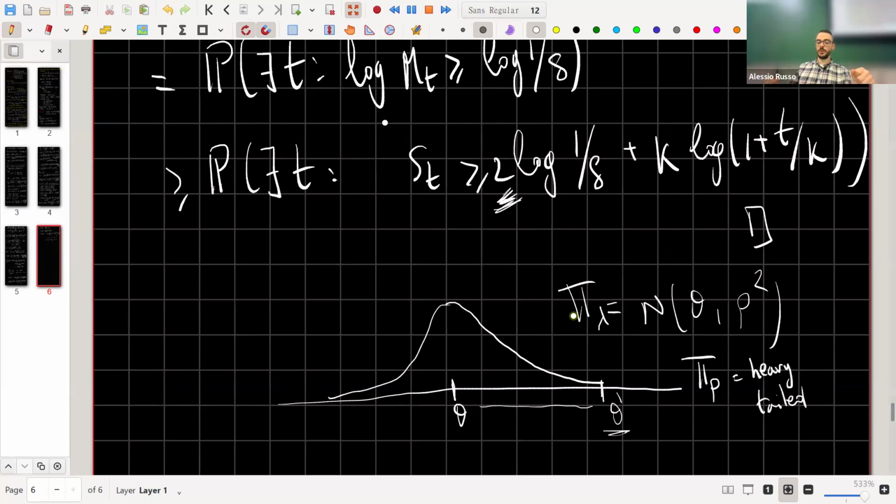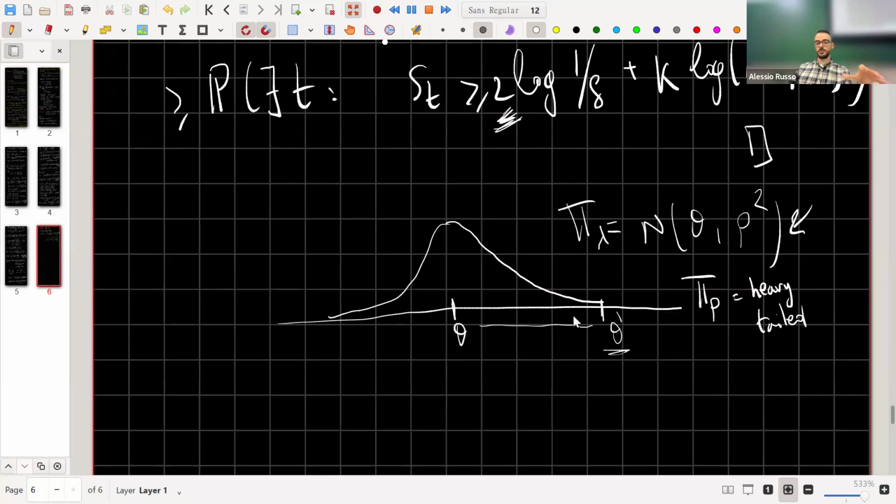So in the end, we are going to do two integrals, one over lambda with this prior, and one over rho with some heavy tail distribution. I didn't do the computation, but I think you can show that this 2 becomes 1. But it's a long computation just for this constant factor.